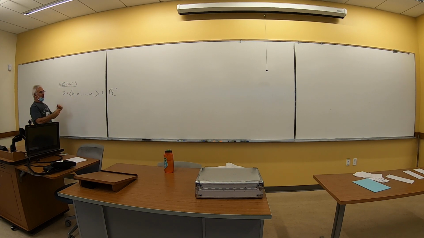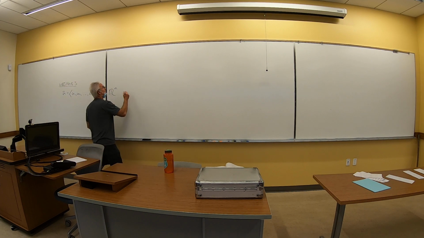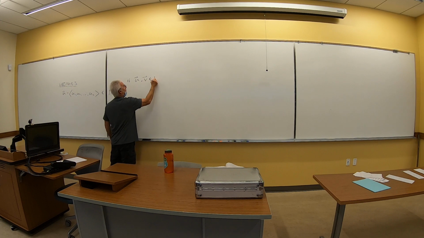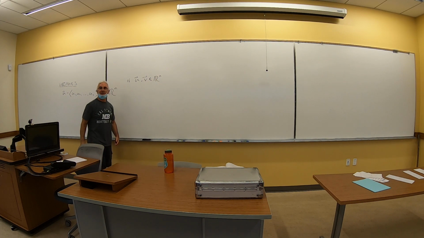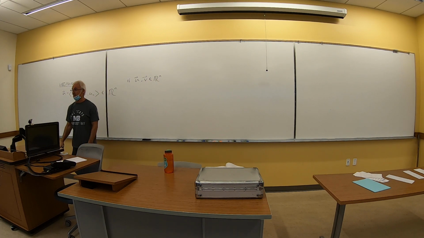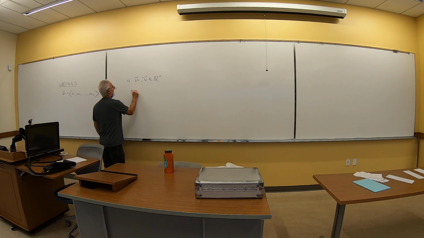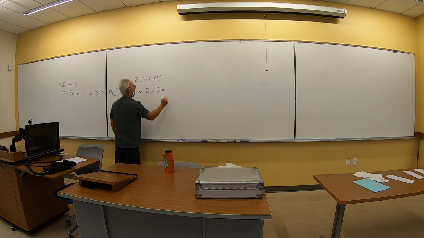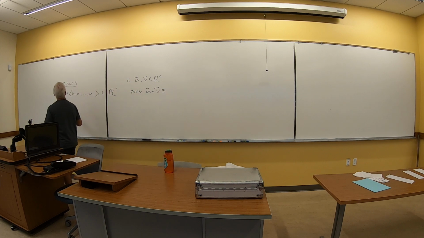So this is Rn. So now the very first thing we do is we say if vector U and vector V are elements of Rn, that means in English they are the same dimension, then U plus V is defined as, now with that, let's define V first, just to make sure. We'll call that V1, V2, Vn.